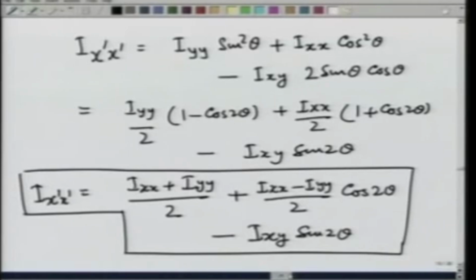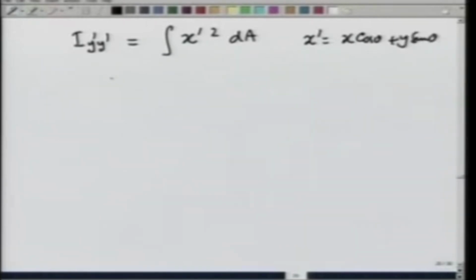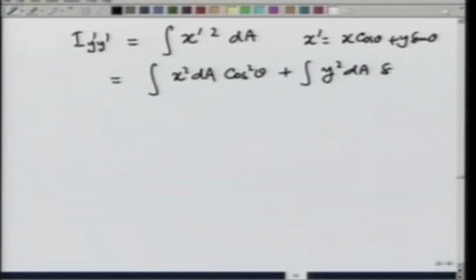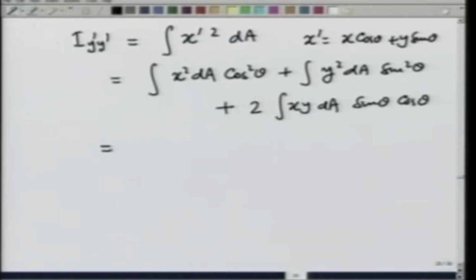Let us do the same exercise for I y prime, which is going to be equal to integral x prime square dA, but I know x prime is equal to x cosine theta plus y sine theta, and therefore I can write this as integral x square dA cosine square theta plus integral y square dA sine square theta plus 2 integral xy dA sine theta cosine theta, where this is nothing but I yy, this is nothing but I xx, and this is nothing but I xy.